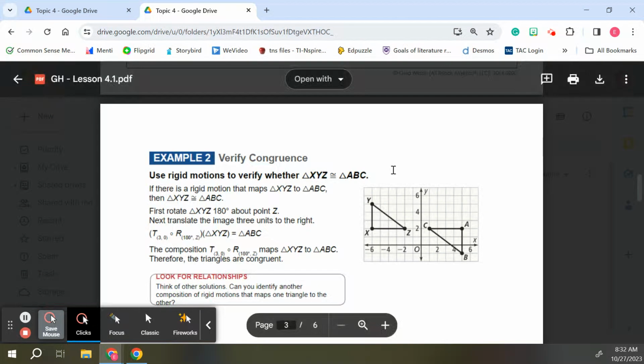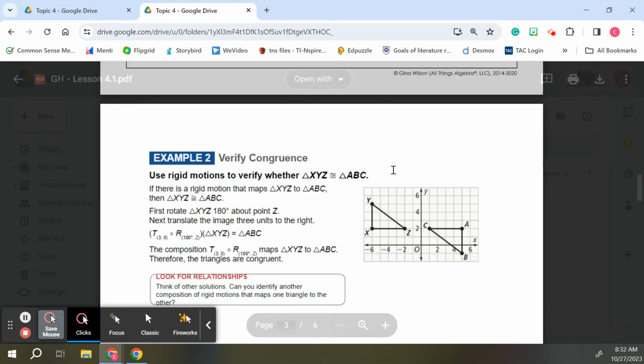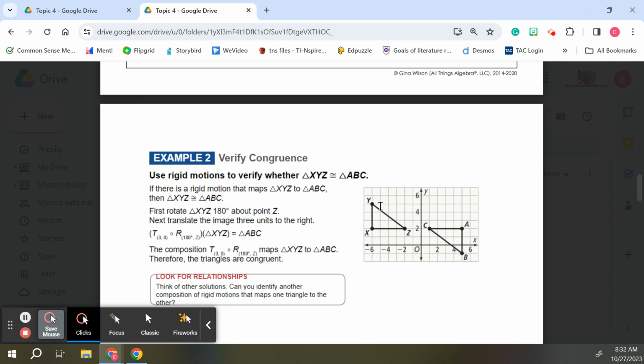If you take a look at this, there's going to be more than one way to do these. But if we take a look at this first one, it says if a rigid motion maps triangle XYZ to ABC. So here's XYZ, here's ABC. What they're telling you is that through this congruency, angle X and angle Y are supposed to be congruent to each other and map onto each other.